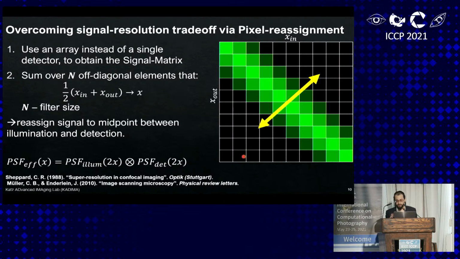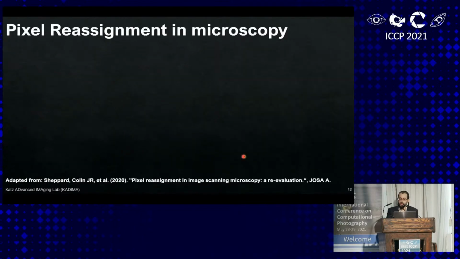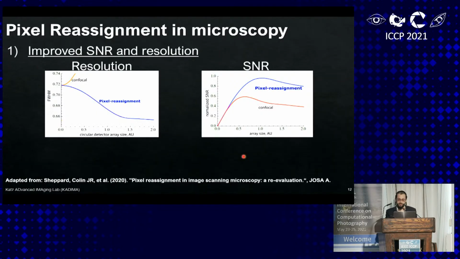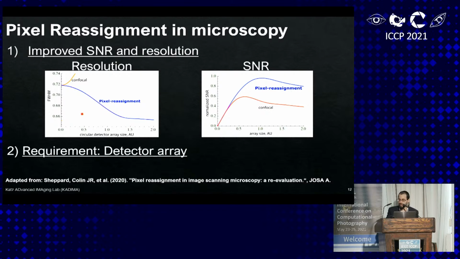Now, the advantages of this method in confocal microscopy were that increasing the pinhole size will increase the SNR even more than it will in the confocal case, and still cause an improvement in resolution instead of widening the full width at half maximum of the effective PSF. And the only cost of this was the use of an array instead of a single detector.